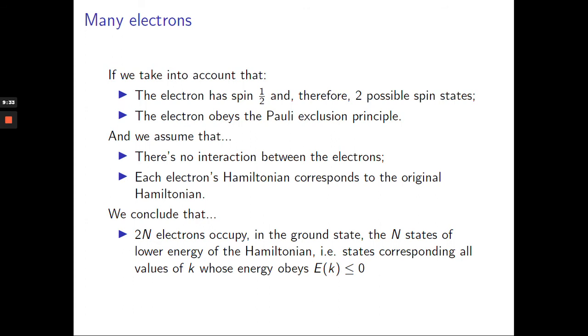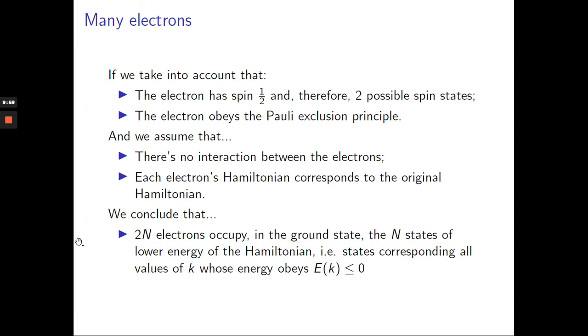They are labeled by k, which takes N different values, and for each value of k we have two different eigenstates, one with positive or zero energy, and the other one with negative or zero energy.